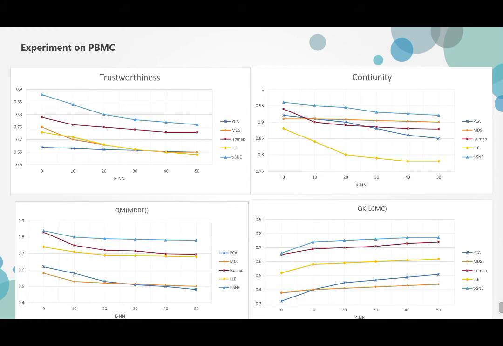The possible explanation is that both of them have problems in processing high-dimensional nonlinear data. Compared with the previous datasets, PBMC has more dimensions and the limitations of Euclidean distance are more obvious, especially when choosing a large neighborhood range like 50.